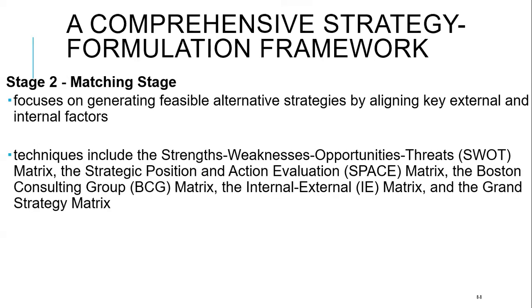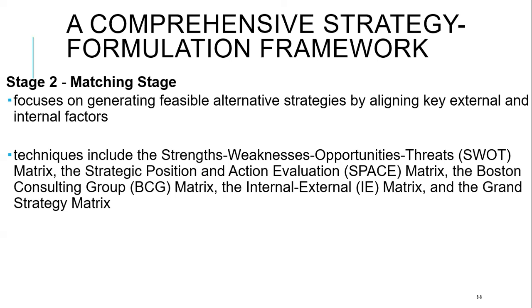The next stage is the matching stage, which also involves an attempt to generate and evaluate the varied strategic choices that are being placed on the table based on the information that was generated at the first stage.